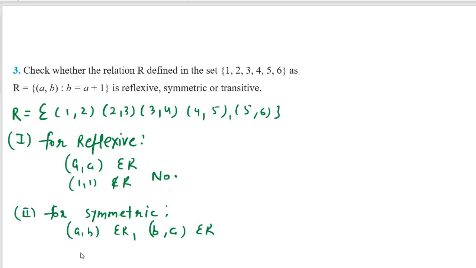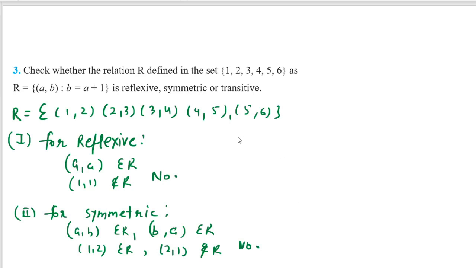Now see, 1 comma 2 belongs to R, but 2 comma 1 does not belong to R. So it is not symmetric.